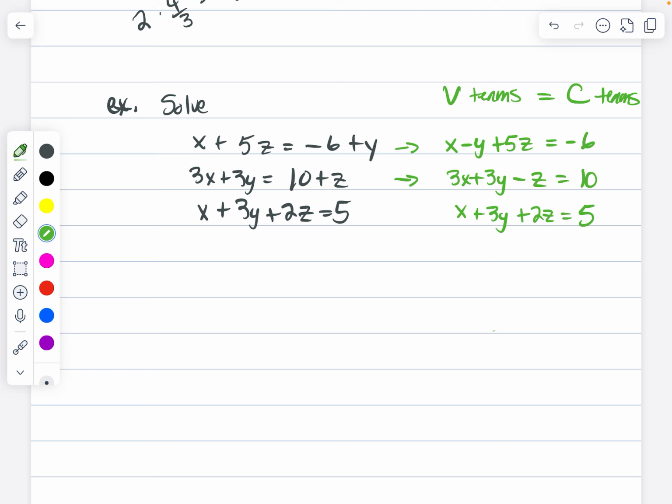Our goal, if we're doing it by Gauss-Jordan, is not just to have, if we were doing it by any other method, our goal would be something like this.